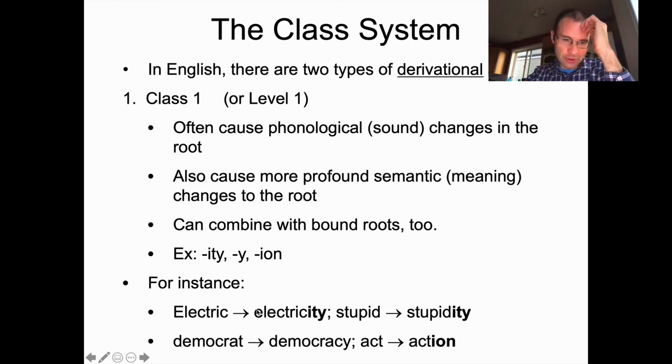And so the meaning connection here is fairly obvious, just as it is for stupid and stupidity. But one thing that happens with electric going to electricity, which hopefully you're aware of, is that when we have the word electric by itself, this ends in that hard C sound, the k sound, electric. But when we add this affix to it, that k sound turns into an S or a soft C sound, so electricity.